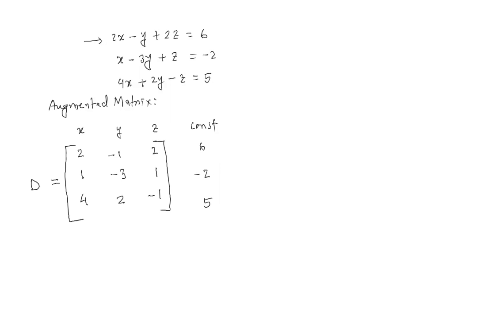Then look at the first column, 2, 1, 4, the x column. I'm going to replace it by 6, negative 2, 5, and keep the rest: negative 1, negative 3, 2, 2, 1, negative 1. Do you see what I did here, everybody?